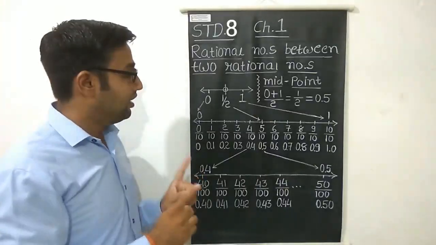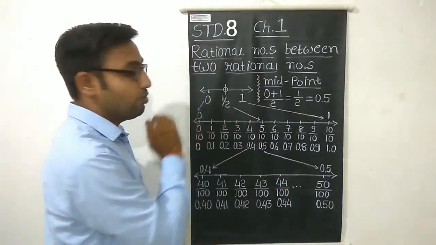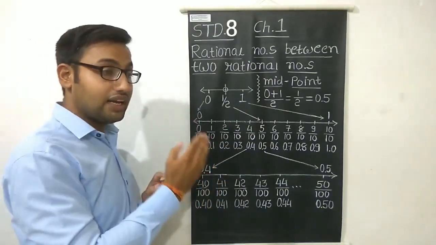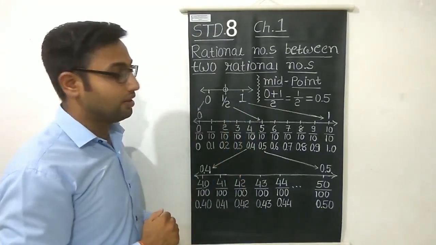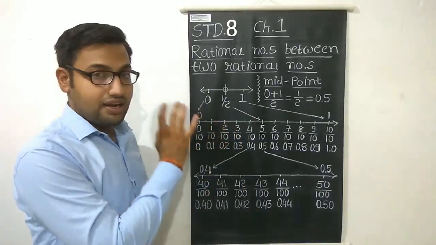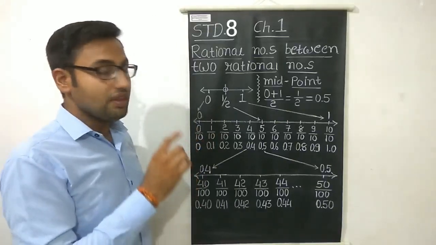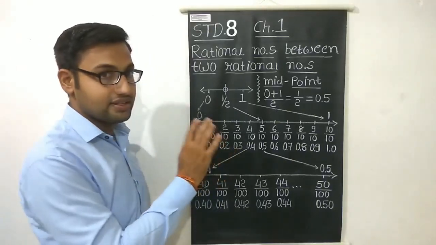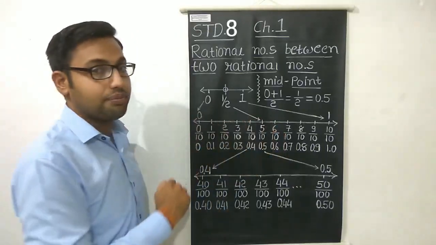In the same way, here also between 0 and 1, we can get 10 parts which are equidistant from one another, right? So we have to divide by 10 such that we can get those numbers.